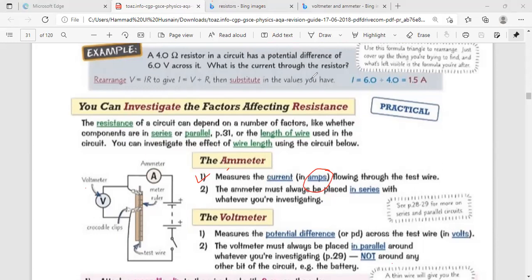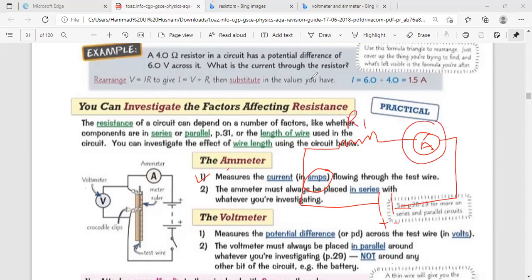Now, whenever we connect this ammeter in the circuit, we use it in series. Why do we connect this ammeter in series? Let me represent it with a figure. Like you can see that there is a resistor R1 and there is an ammeter connected over here.